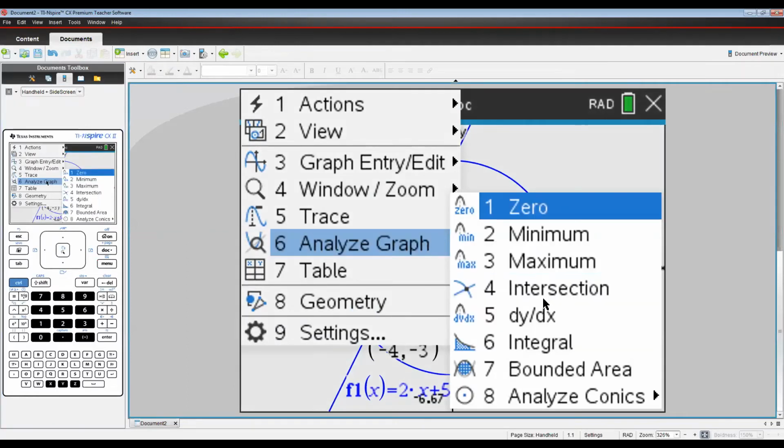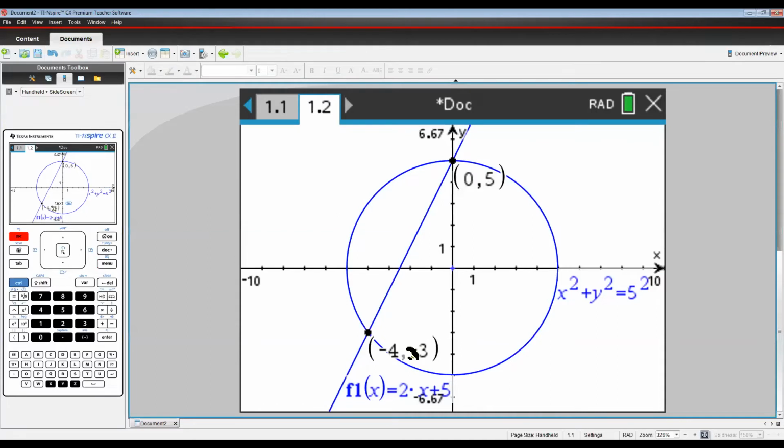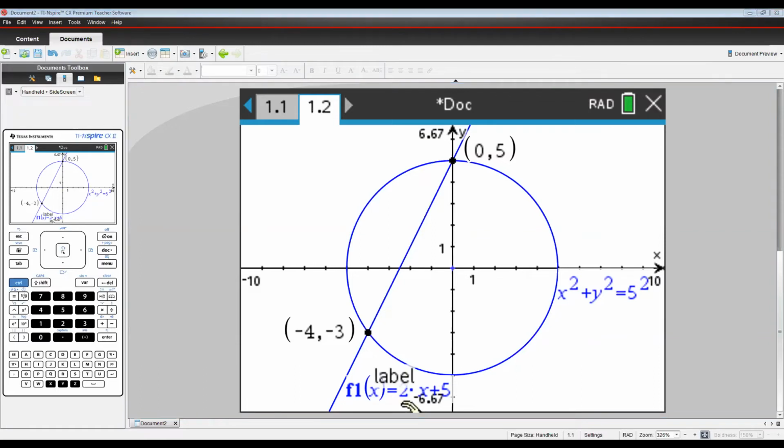That was the solution to the system of equations. These two ordered pairs, (0, 5) and (-4, -3), are points that are on both of my equations. All right, so let's go back to this.